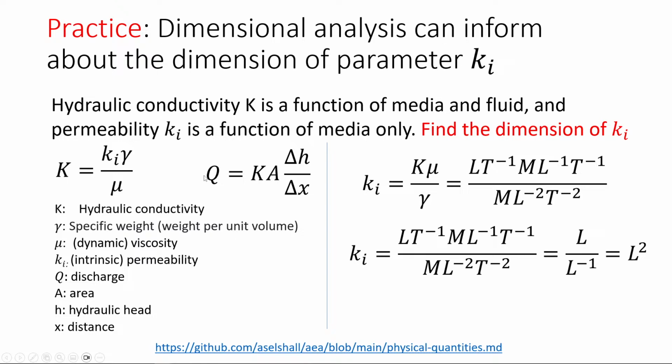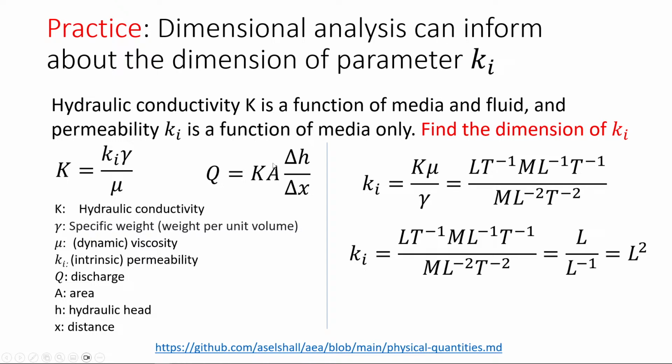For this one, we have an equation for Q. I know Q is volume per time. And I know head is length, and x is distance, so those cancel out together.